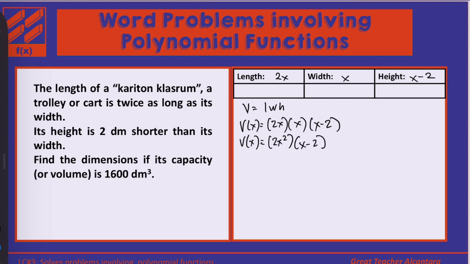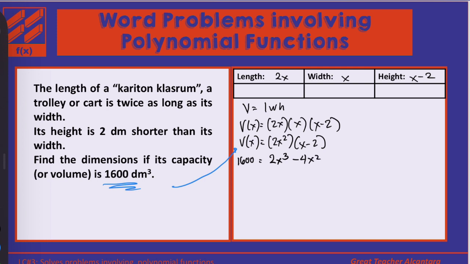And here again, you can have shortcuts. You can substitute 1,600 immediately, your volume, to the function if you want to. Since earlier was the step-by-step process, we can teach you techniques here. Substitute it. 1,600 is equal to 2x squared times x, 2x cubed, 2x squared times negative 2, negative 4x squared.